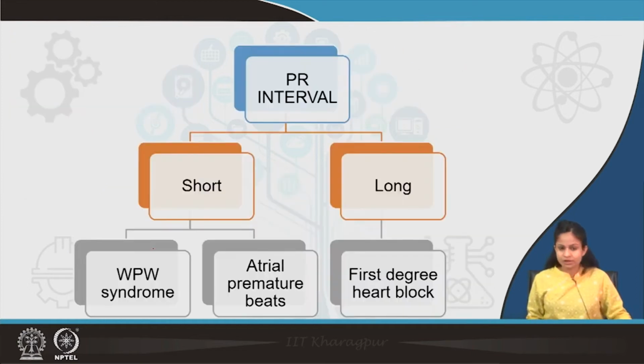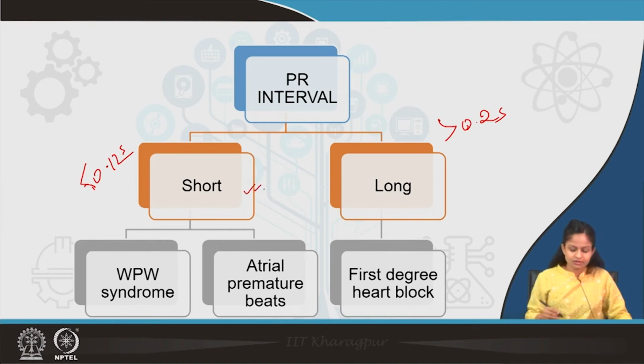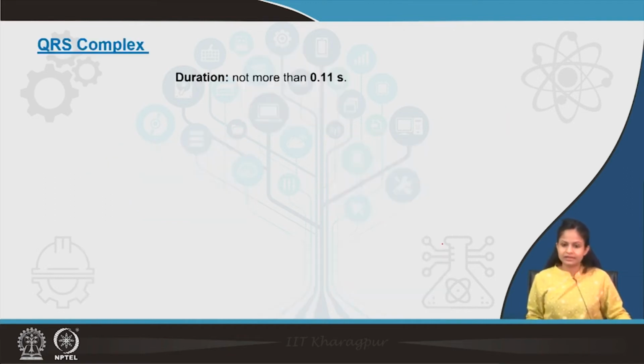The abnormality occurs when the duration is either too short, less than 0.12, or prolonged, more than 0.2 seconds. A short PR interval is usually seen in Wolff-Parkinson-White syndrome and atrial premature beats. A long PR interval, where the duration is prolonged, is seen in heart block, especially first degree heart block. So, this much you have to remember with the PR interval.